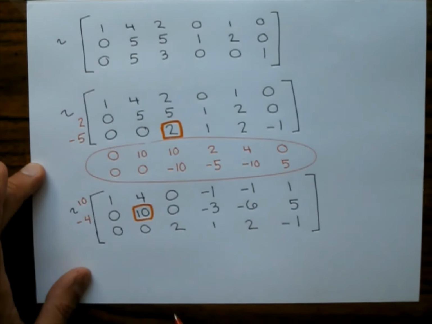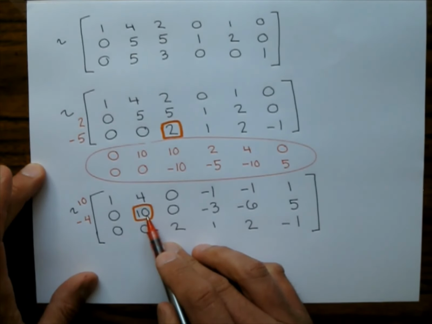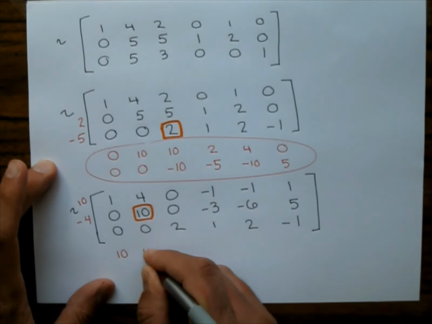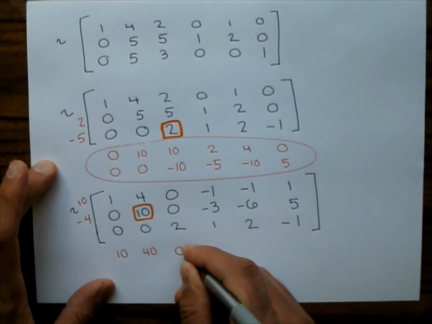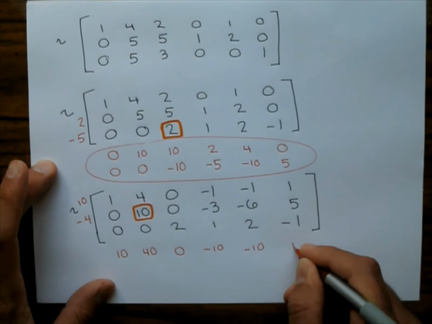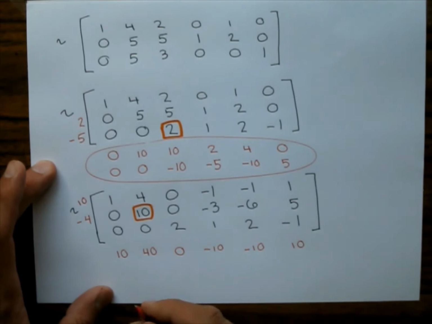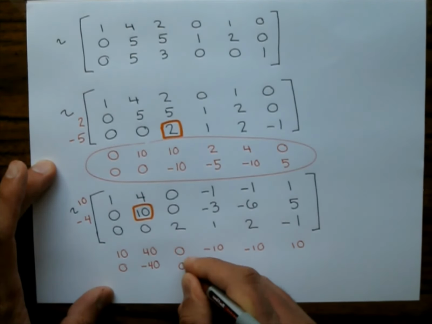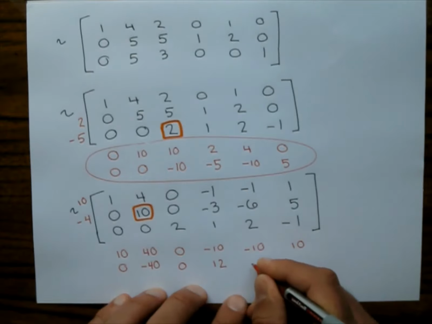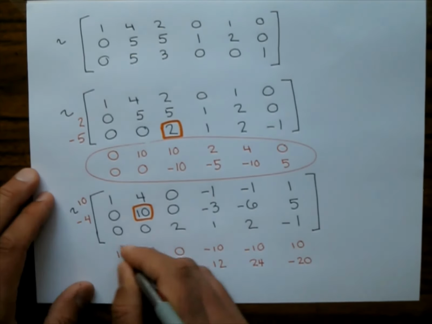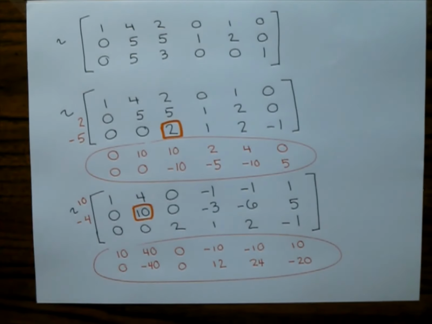I'll put the negative on the bottom, so I'll have a 40 up there and a negative 40 there. So row 1 times 10 is 10, 40, 0, negative 10, negative 10, and a positive 10. Row 2 times negative 4 is 0, negative 40, 0, 12, 24, and negative 20. I'm going to add those together, and that's going to give me the new row 1, new piece of paper.